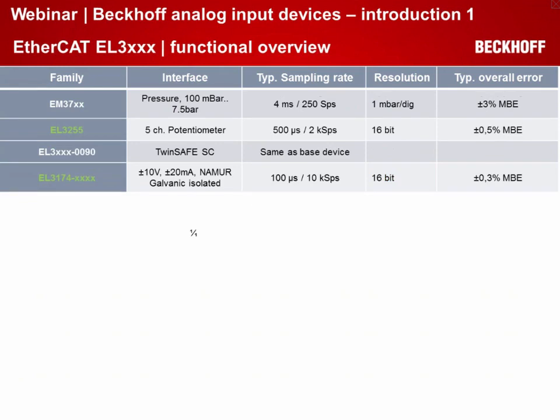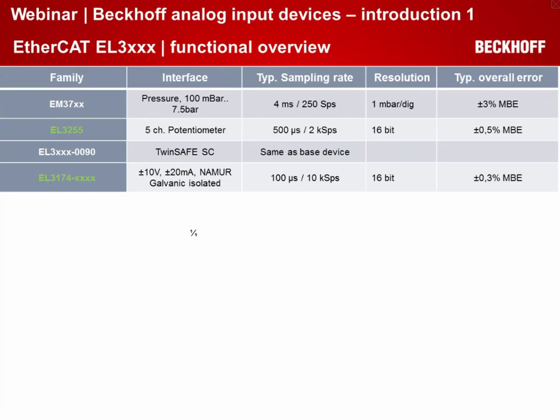And some other special terminals that we have just here in the EtherCAT area: some pressure measurement modules where you can connect the air directly, potentiometer measuring, and as I said before, safety is integrated in the analog modules in the 0090 series. And a very special requirement can be galvanic isolation between analog channels, and for this requirement we have this special device from the EL31 family.